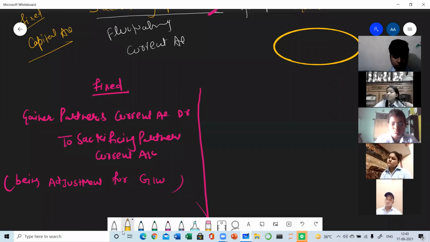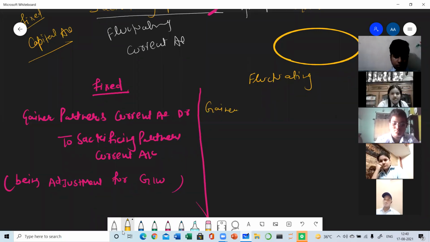Now, if the capitals are fluctuating, the entry will remain the same, only the words current account will be replaced by capital account. As in chapter 2, when capitals are fixed, all journal entries are passed through current account, and when capitals are fluctuating, journal entries are passed through capital account.